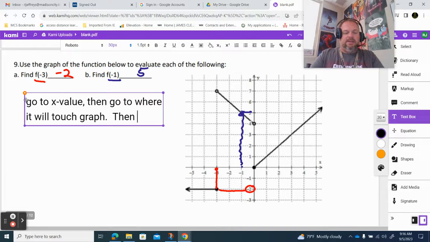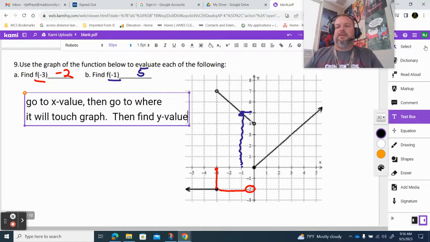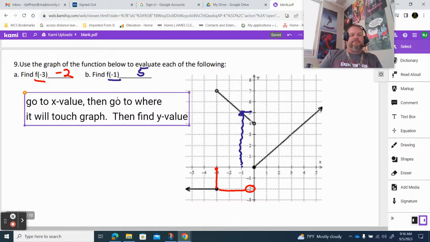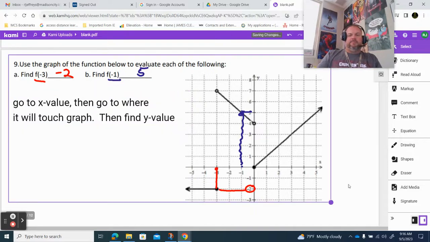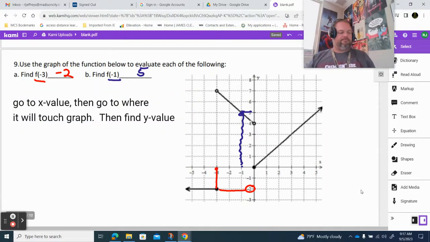Then find y value. All right. We go with number 9.